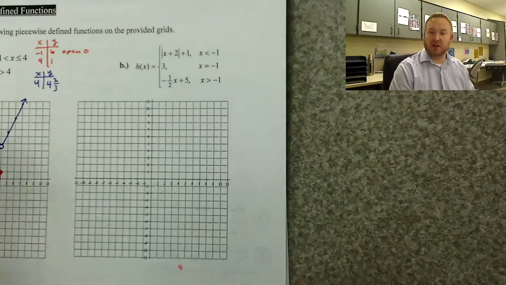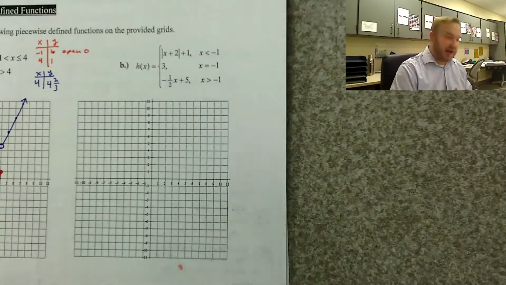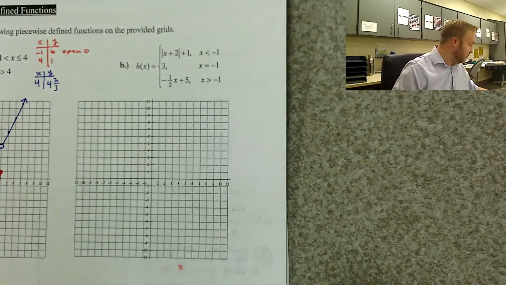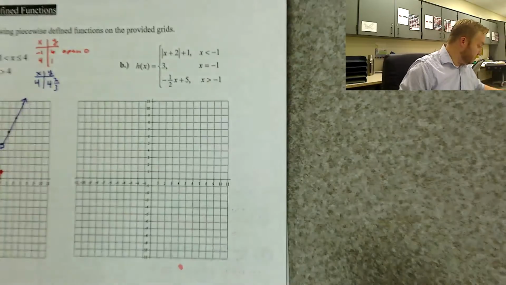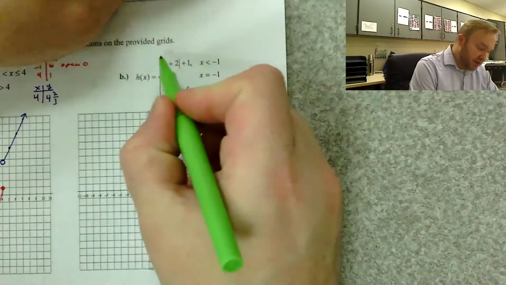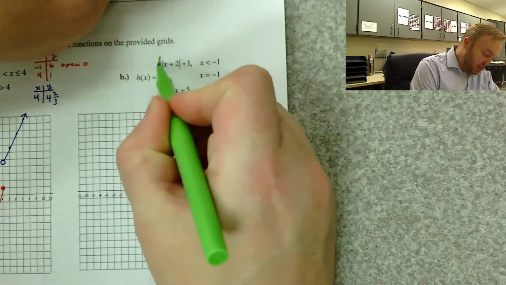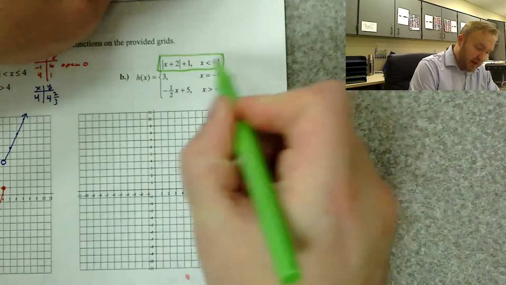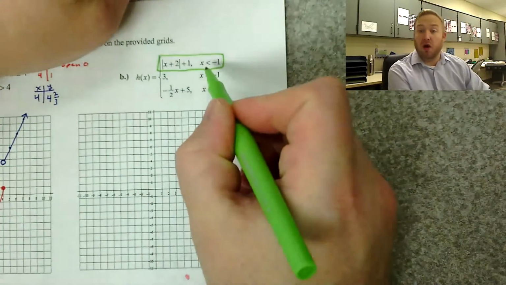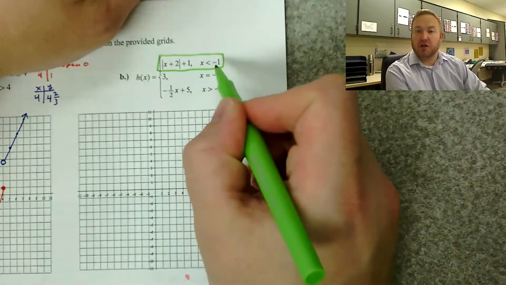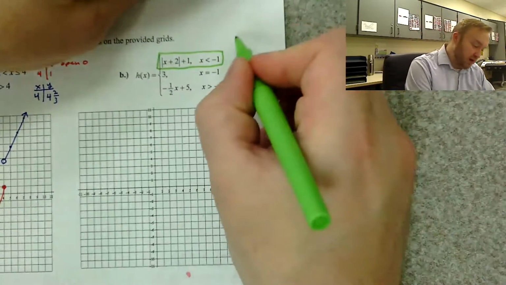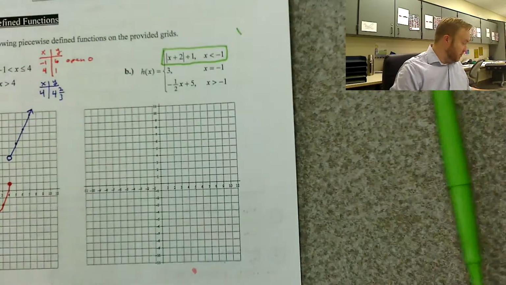Okay, we'll go on and look at example B here, which is h of x. I'm going to use my green here. We'll do this first piece in green. Again, notice that there's only one border number here, and it's -1. So I'll do my x and y up here like this.